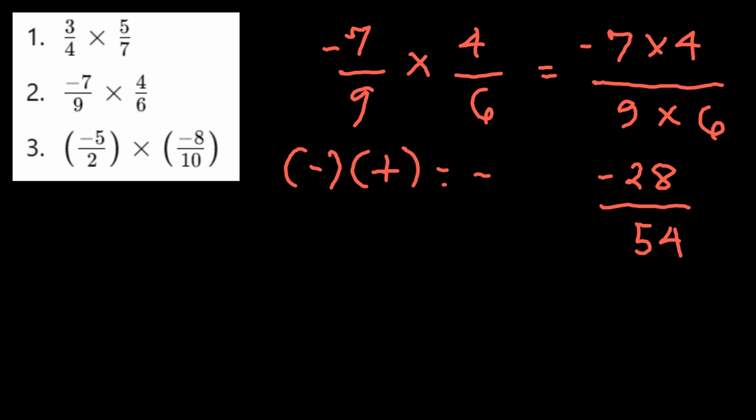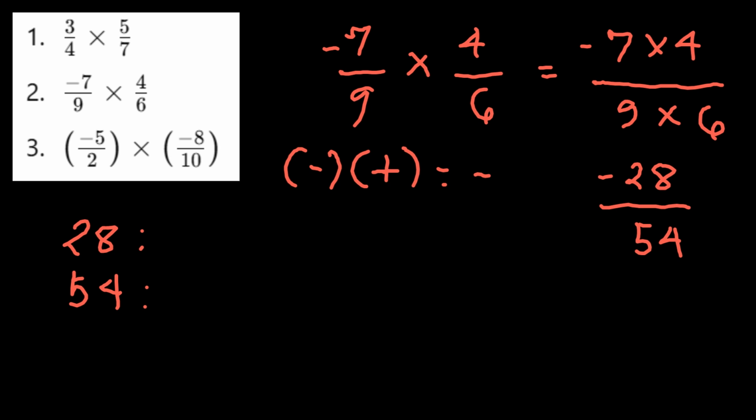So let us figure out by prime factorization, in order to get our greatest common factor, if they have a common factor. So 28 and 54. Let us list down the factors of each number.